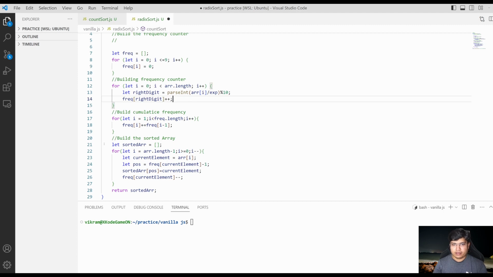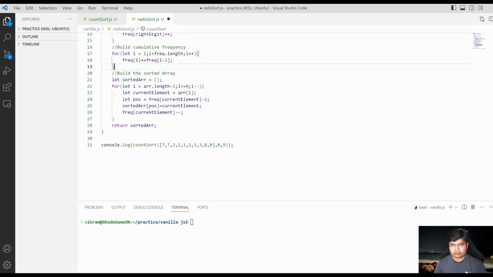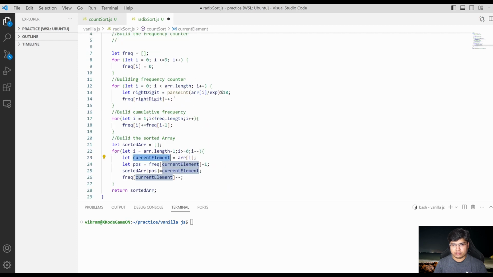Okay, creating the cumulative frequency. This portion remains the same as it was earlier in the previous example. Now to build the sorted array, here also we need to do a little bit of changes. Instead of the current element, because the current element is not the key anymore, my key is the rightmost digit.